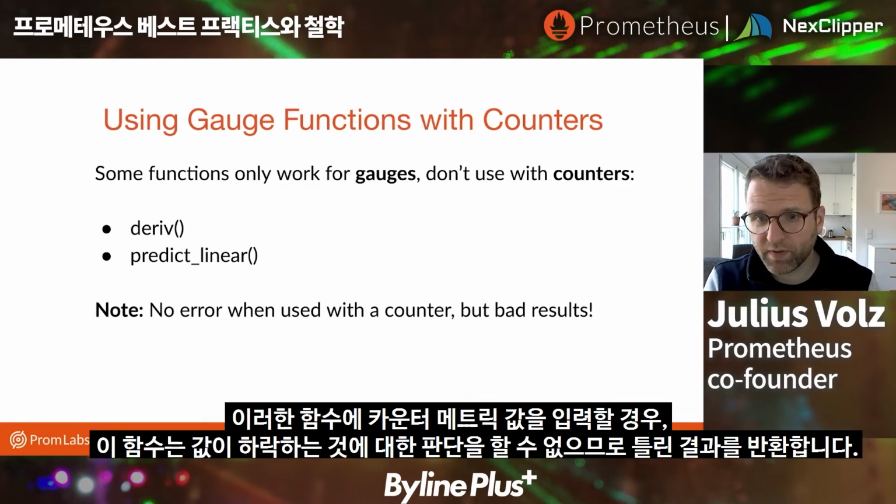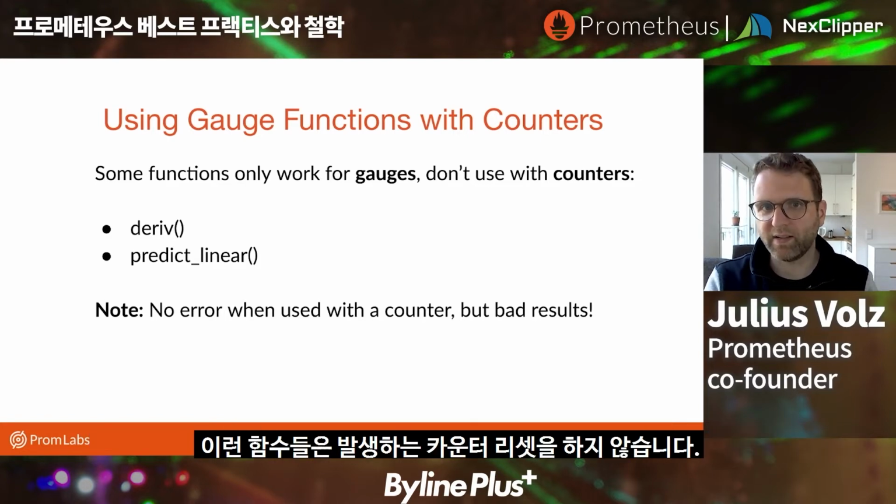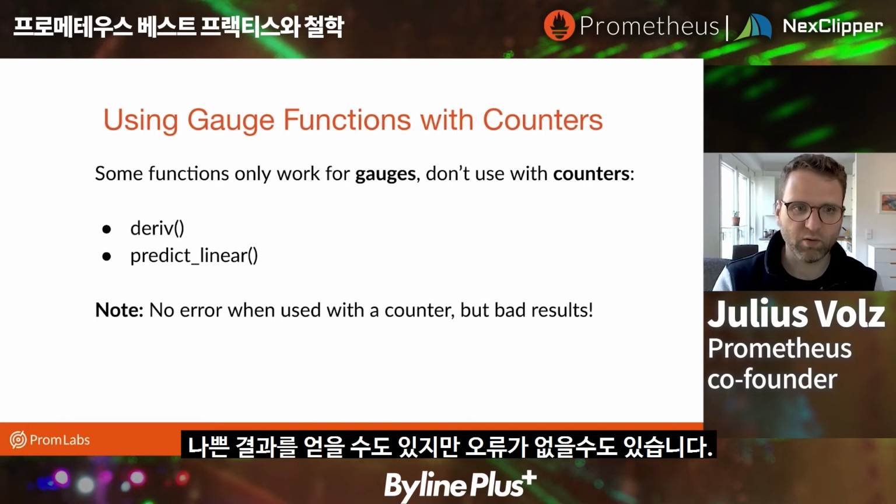And if you use those functions with a counter metric as an input, they will also give you bad results because these functions explicitly don't have any special meaning for when a value goes down. So they will not correct any counter resets that happen. So you will also get bad outputs from them, but also no error.